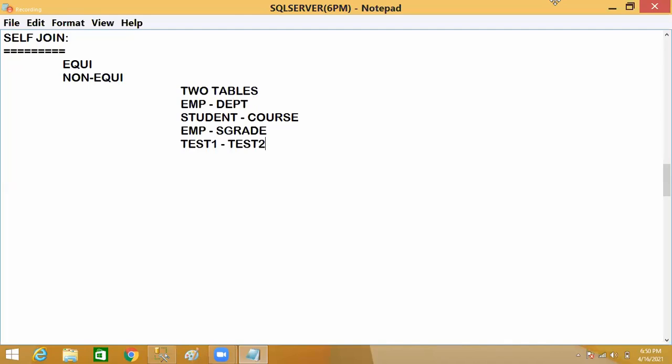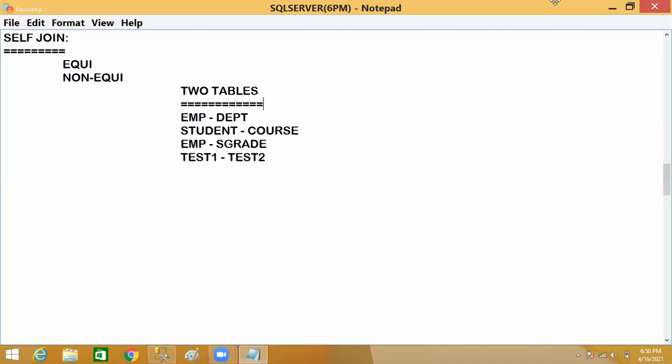So in equi join and non-equi join examples, these two join mechanisms were applied on multiple tables. That means one table's data compared with another, one table's data verified against another, one table's data dependent on another.